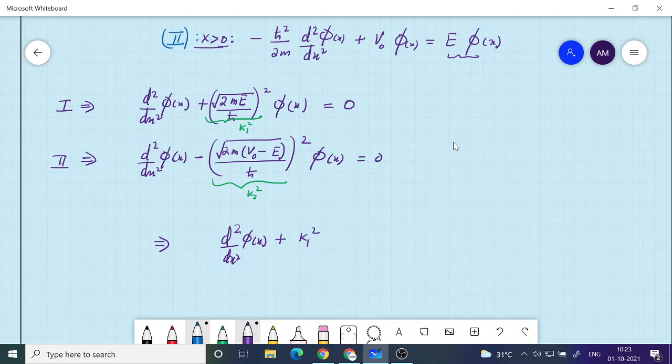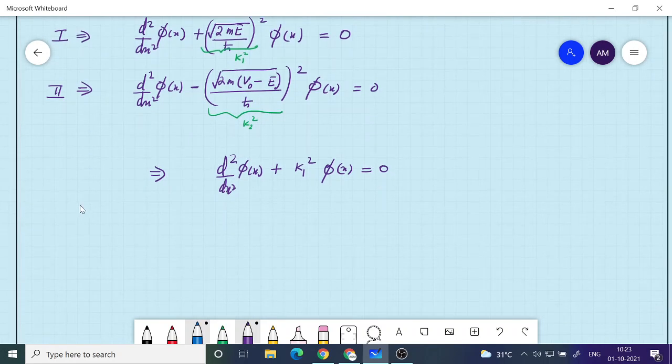We can take alpha, beta, whatever, but since I know that k is related to the propagation constant, that's why I am using k1 and k2. So for region 1 it is this equation after the substitution of k1 and k2, and similarly d square by dx square psi of x, not plus, it is minus k2 square psi of x.